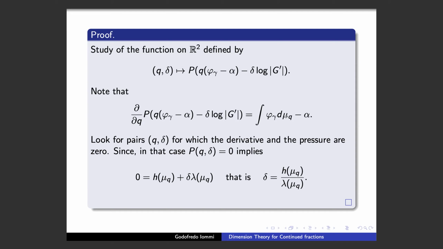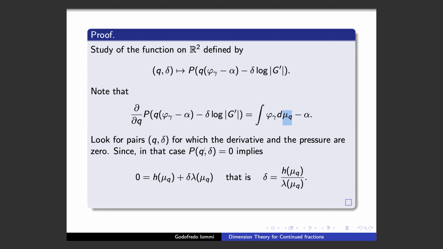So you want to find points q for which the derivative is 0, because in that way you will be finding measures mu q which are supported on the level set. And the second ingredient, once you have those measures, is to try to find that not only the derivative at that point is 0, but also the pressure is actually 0.